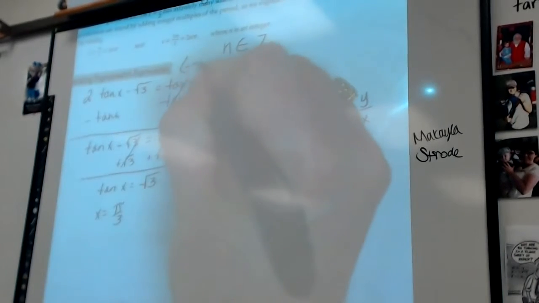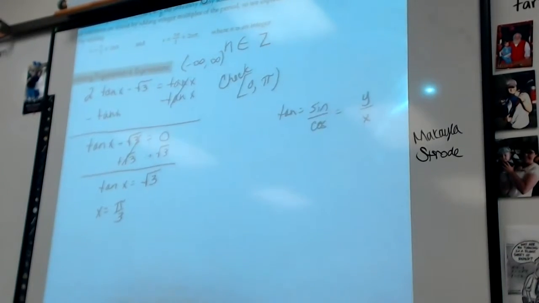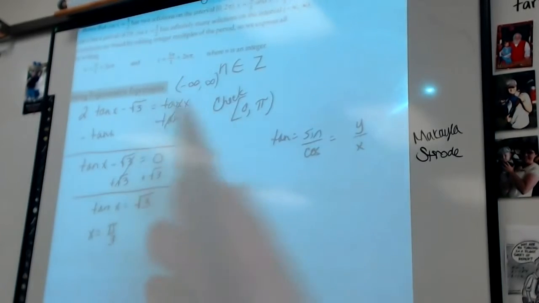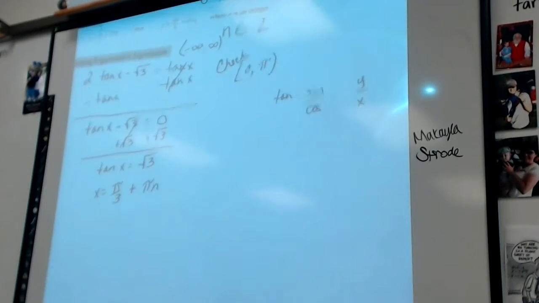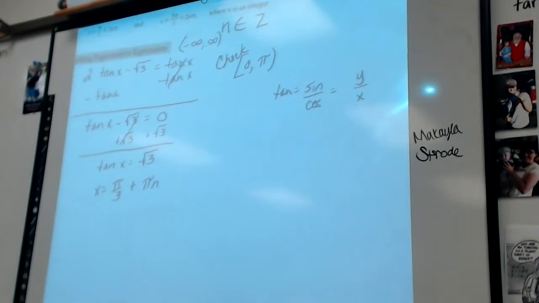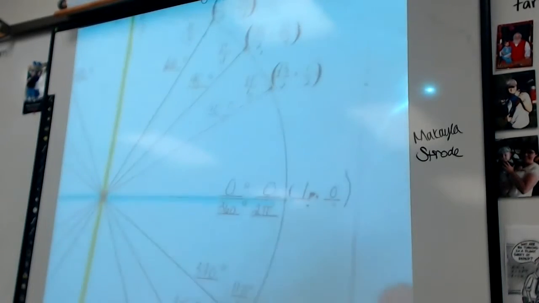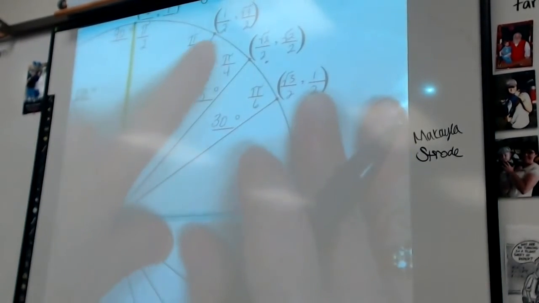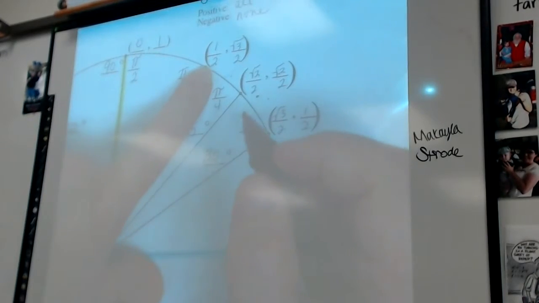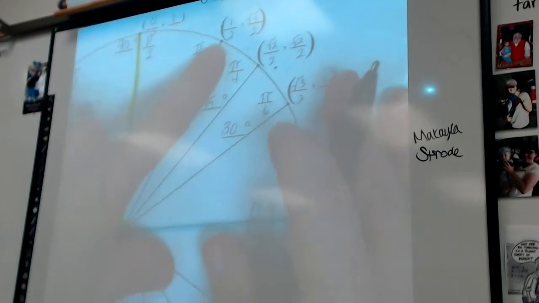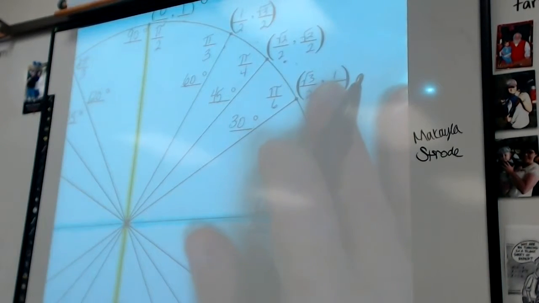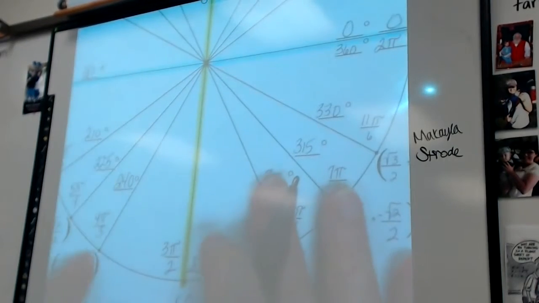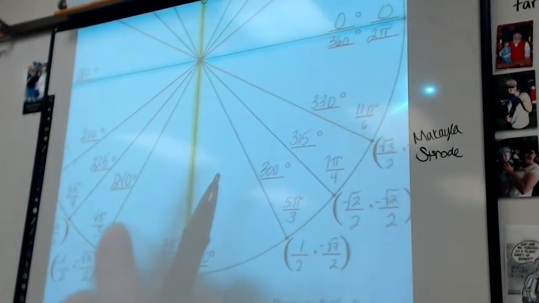And on these, we're doing negative infinity to positive infinity. So we wouldn't add 2 pi in, we would just add pi in, or n pi, however you want to say it. So what that means is, we're right here. Tangent is square root of 3. So if we go halfway around the circle to right here, we would get tangent is square root of 3.